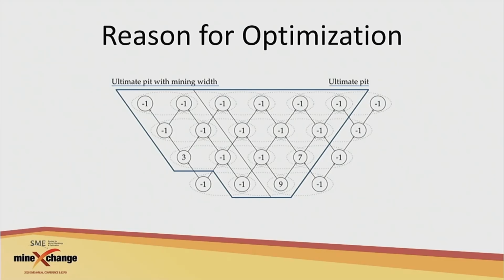And why we want to turn to an actual mathematical style of optimization is that it opens up possibilities. I'm going to come around here. I think I'm yelling loud enough you can hear me anyway. This is what the ultimate pit would tell you. It says mine just these blocks, right, down to get this one. If we expand it, we say we have to consider a mining width. We're going to expand out or we're going to chop off.